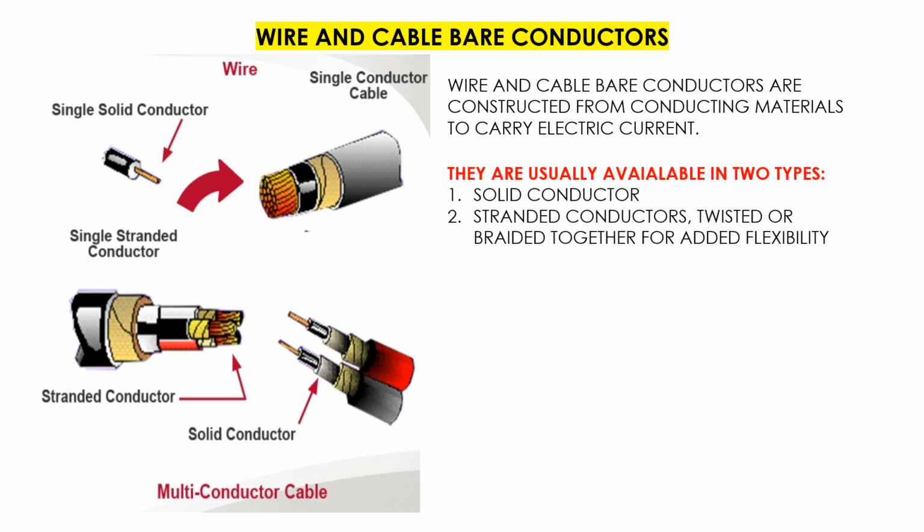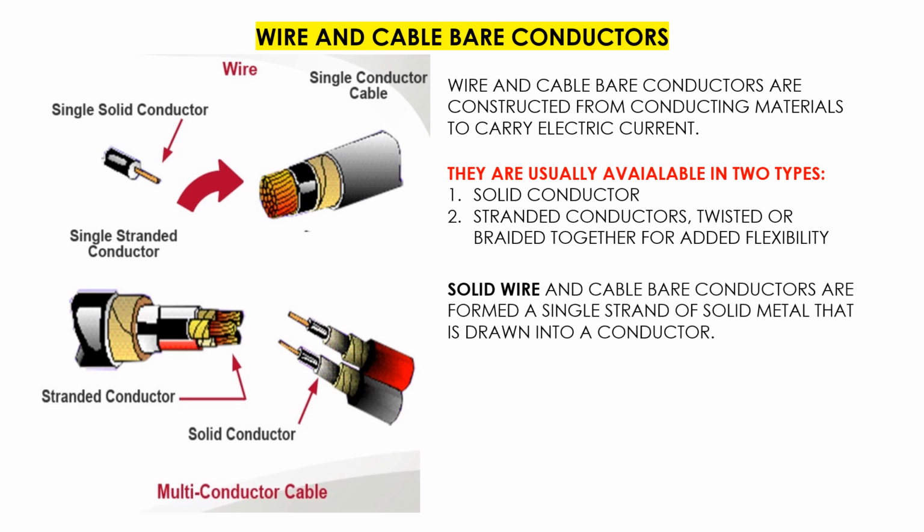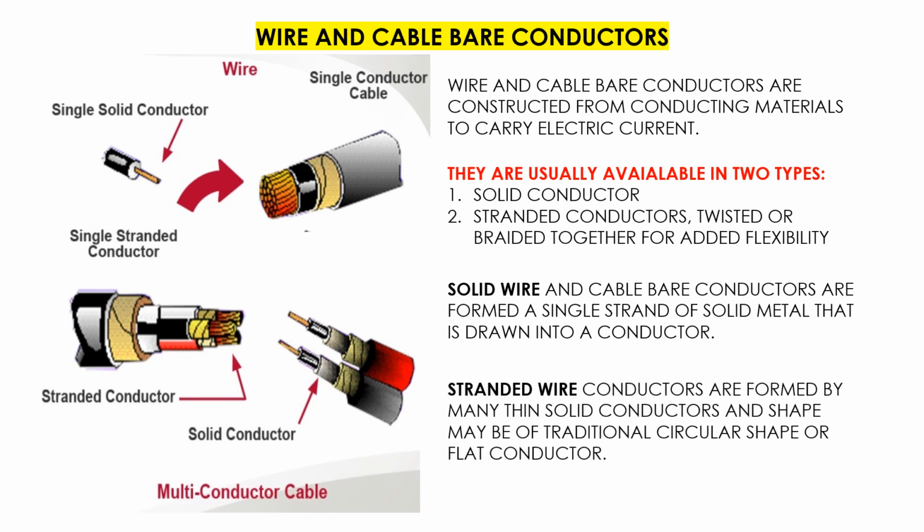They are usually available in two types: solid conductor and stranded conductor, twisted or braided together for added flexibility. Solid wire cable bare conductors are formed from a single strand of solid metal that is drawn into a conductor. Stranded wire conductors are formed by many thin solid conductors, and the shape may be of traditional circular shape or flat conductor.